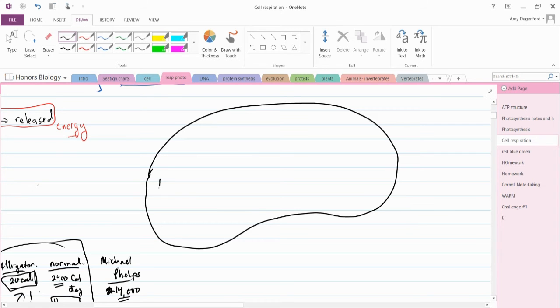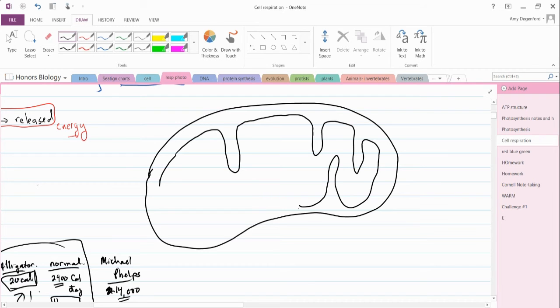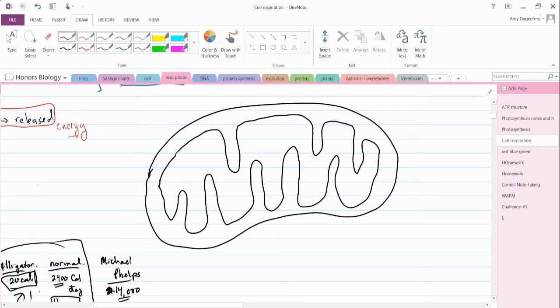So let's go ahead and add our inner membrane. And the inner membrane is a little different in that it has these folds. It just folds in and out and in and out. Now that's going to be something that is going to be very important later. And so there's our outer membrane.